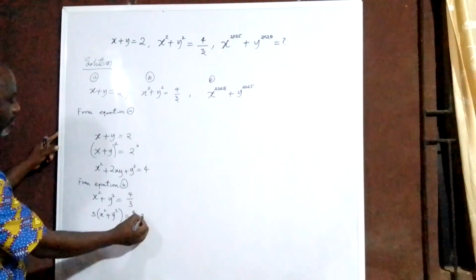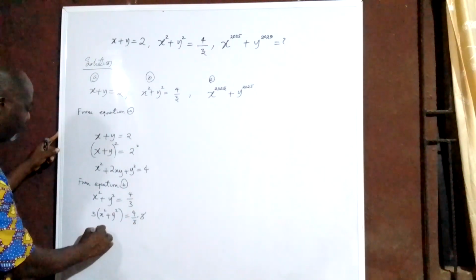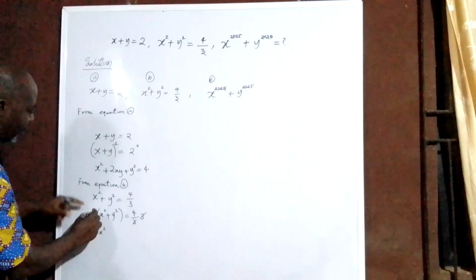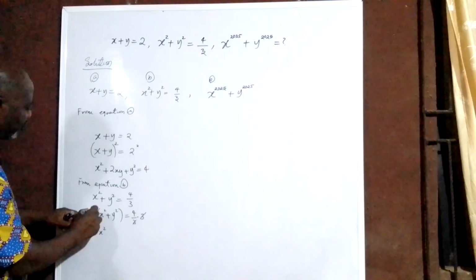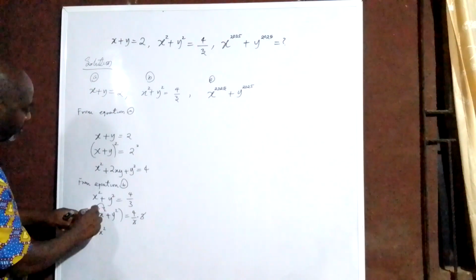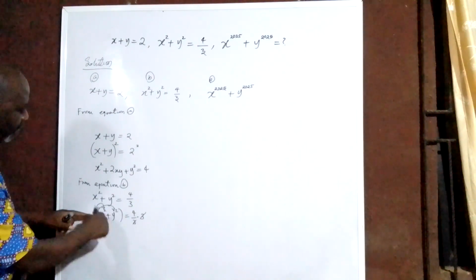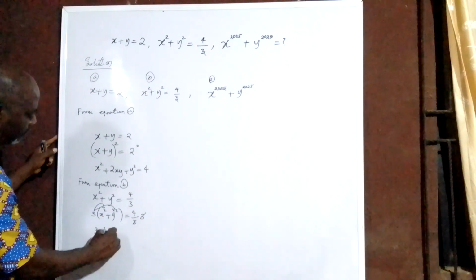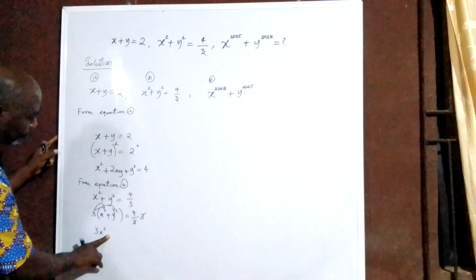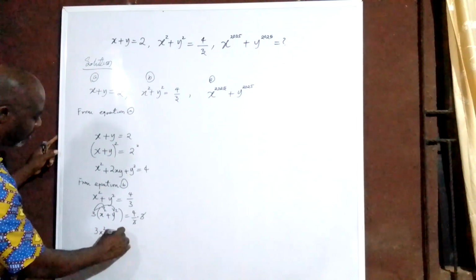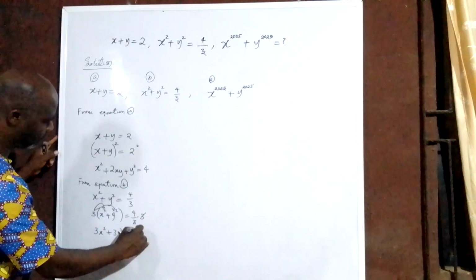The 3s cancel out, so I have 3x squared, and when I distribute the 3 over the terms in the bracket, 3y squared equals 4.